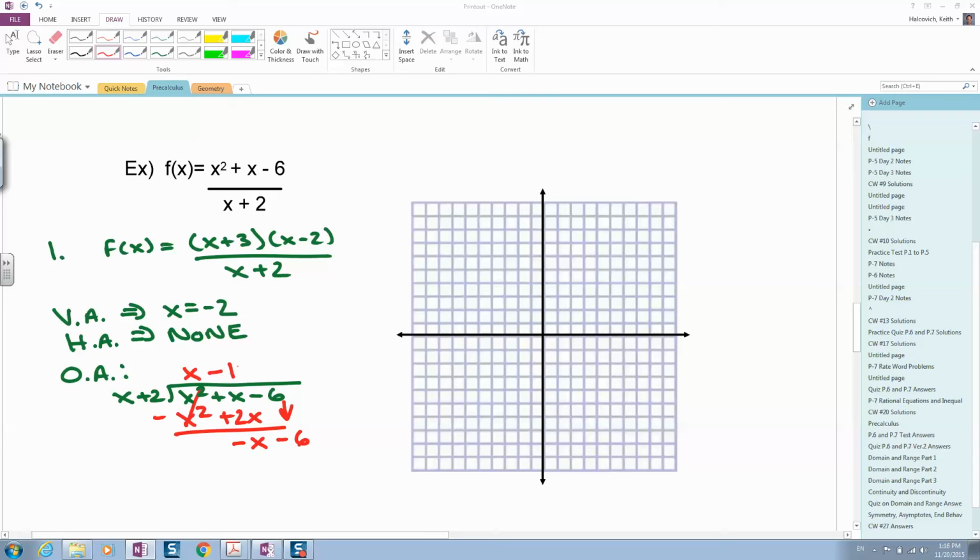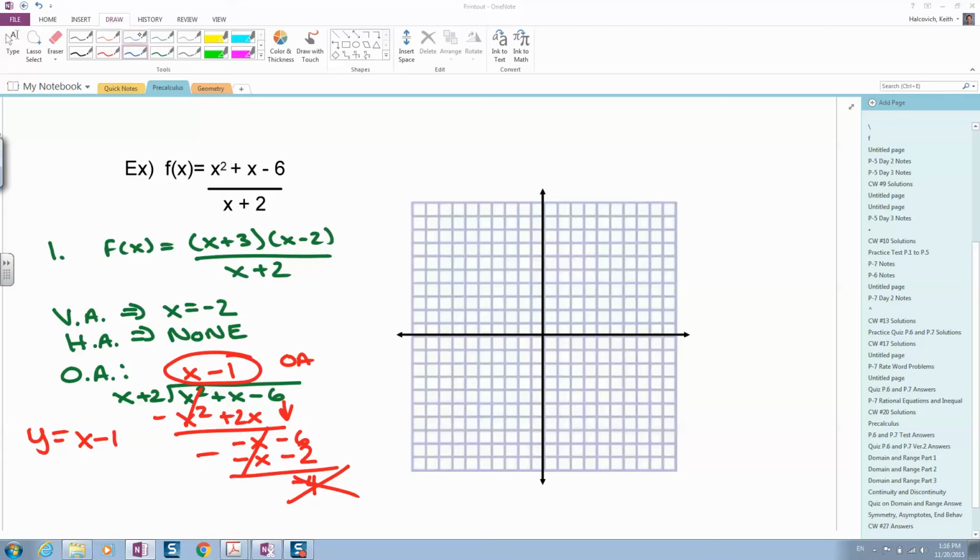It is negative 1. You multiply. Negative 1 times x is negative x. Negative 1 times 2 is negative 2. Then you subtract. Negative 6 minus negative 2 gives you negative 4. It doesn't matter what your remainder is. The remainder is insignificant. This here is your oblique asymptote. So your oblique asymptote is y equals x minus 1, that line.